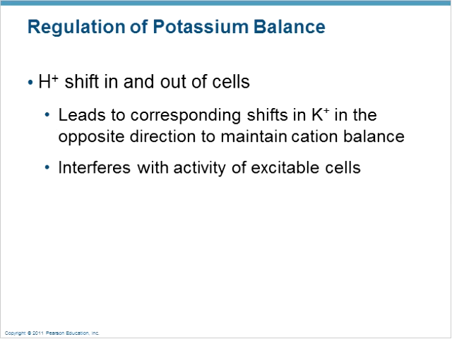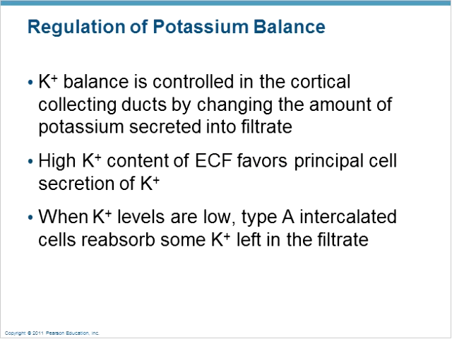So it has a lot to do with how that is managed. The hydrogen shift in and out of the cells leads to corresponding shifts in potassium in the opposite direction to maintain that cation balance. And so it interferes with the activity of excitable cells.